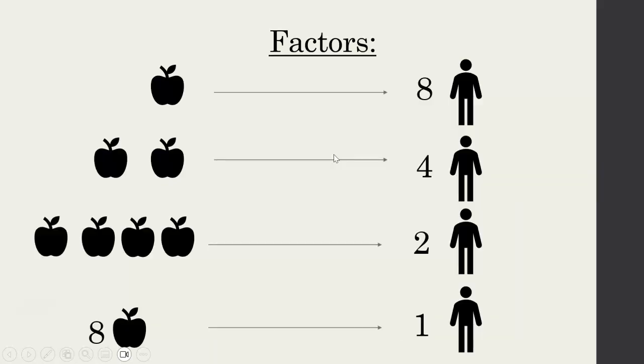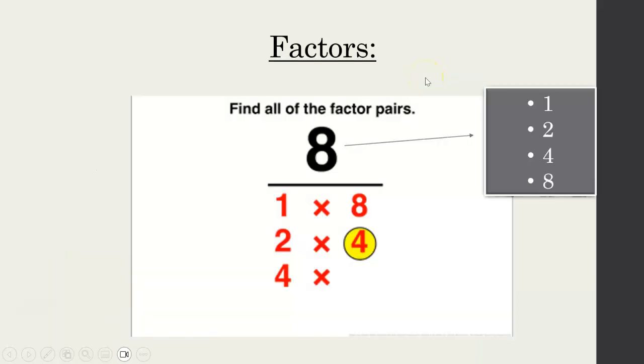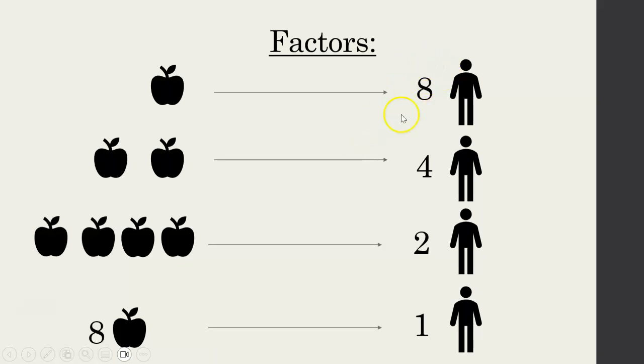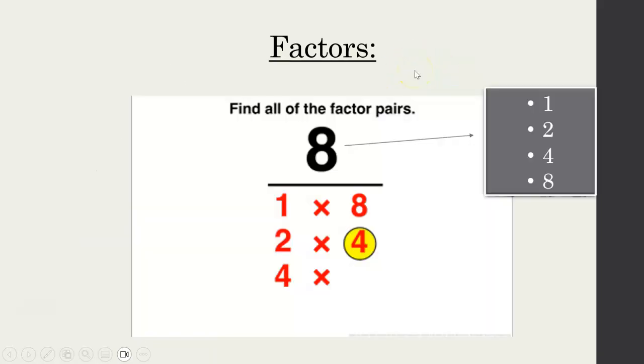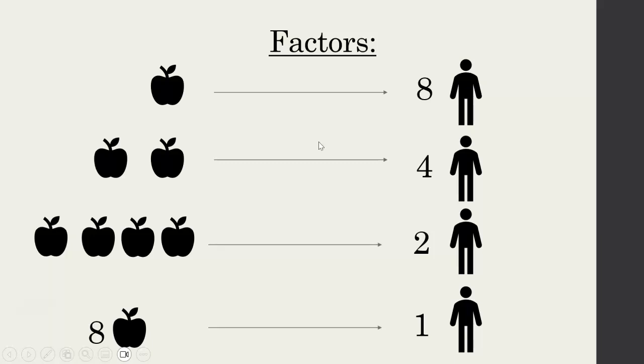Now, another way to think about factors, going back to the apples, is not how many ways we can divide the number, but what numbers divide into that number. So let's say 8. Well, 8 can be divided by 8.